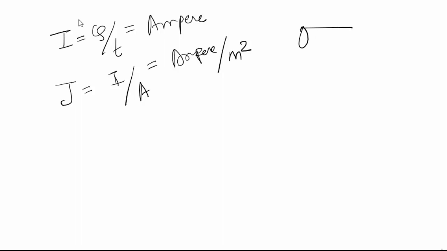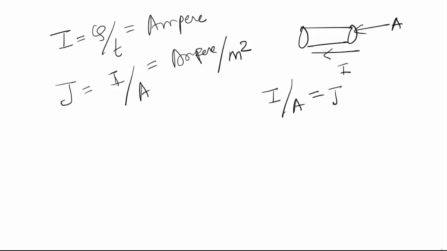Considering that cross section, the area was A, and if the current flowing in this direction was I, then the current per unit area is known as the current density, which is given by J. So that was how we defined the current and current density.